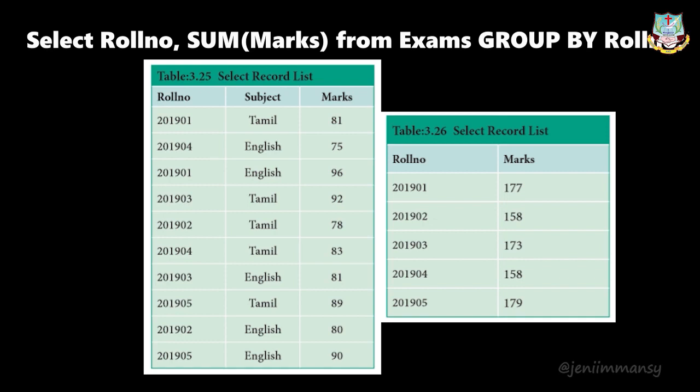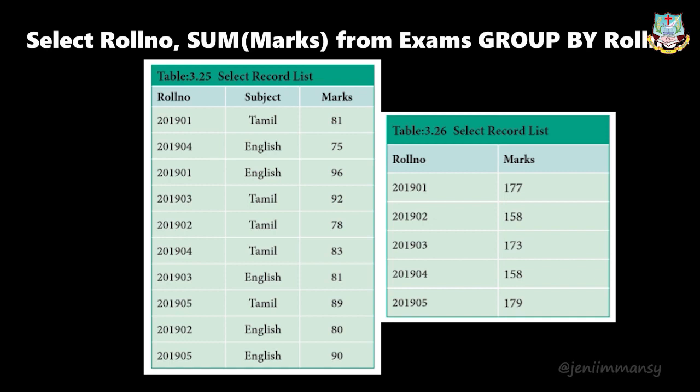In the previous record list, for 201901, Tamil mark is given as 81, right? Then 201904 mark is there, and then again 201901 English mark is given as 96, right? So we have to add both the marks and display it for this 201901. So here we are using this GROUP BY.